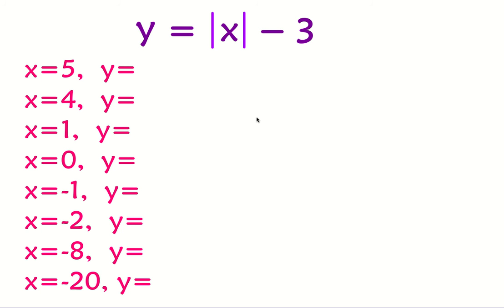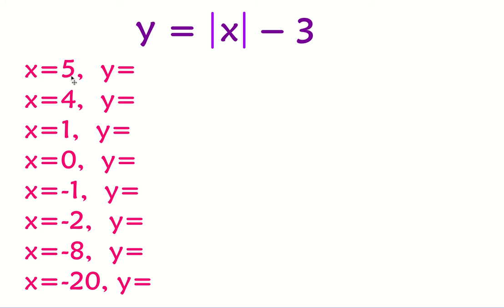In other words, the more official definition is that if you plug in something for x, you should only get one answer for y. For every x value, there should only be one y value. If you input something for x, it's only going to spit out one answer.